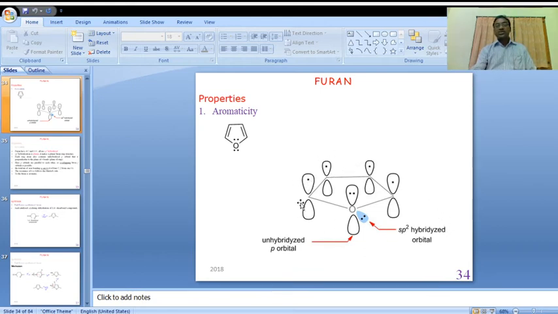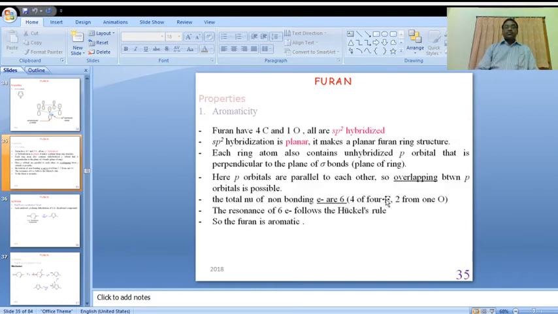These 5 atoms are in the same plane, but all these lobes, the unhybridized p orbitals, are perpendicular to the plane of the sigma bonds.